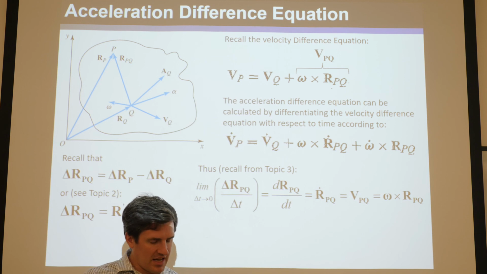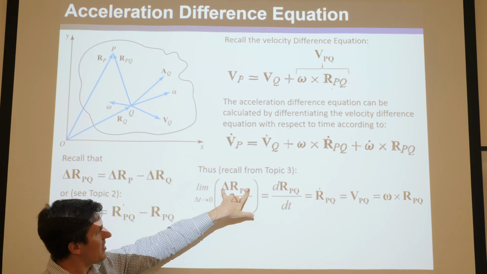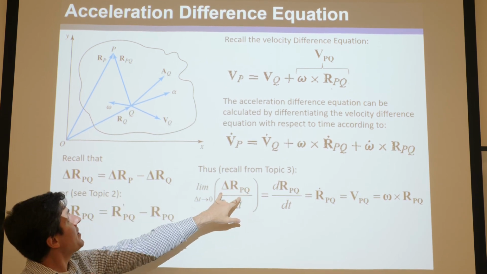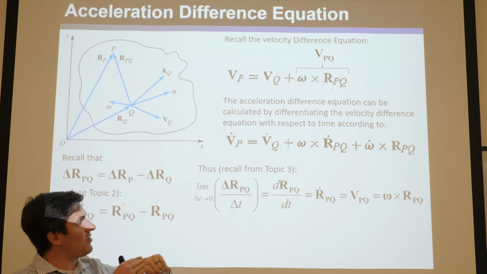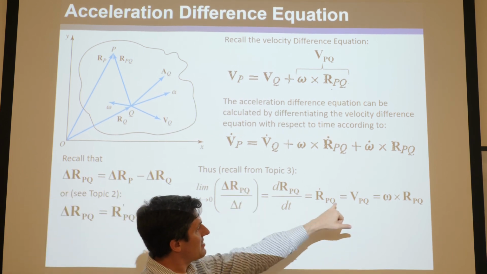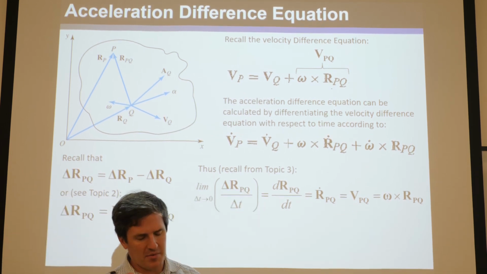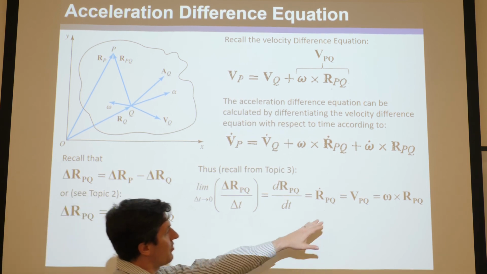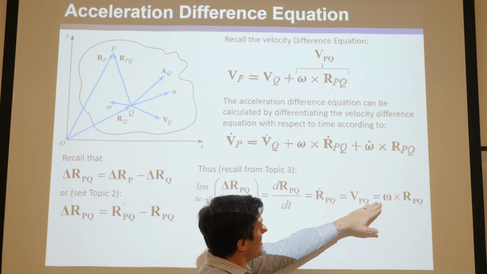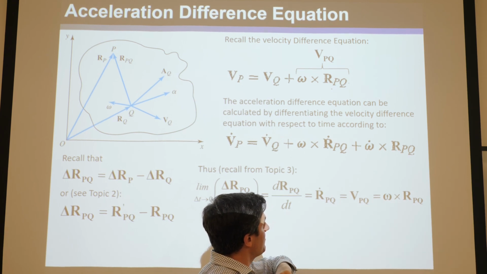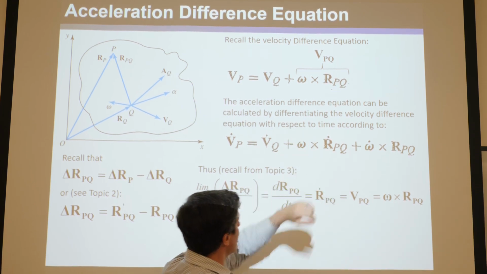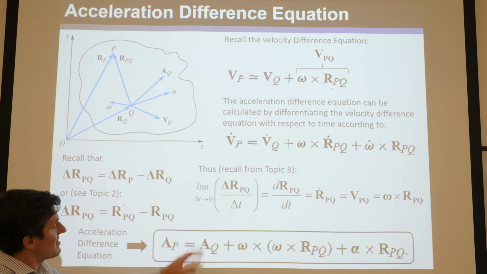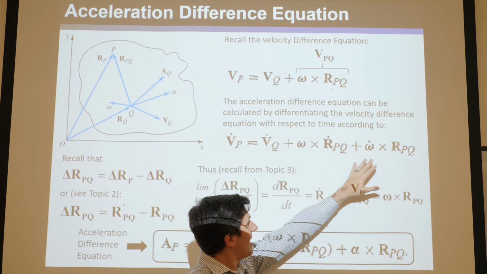If this value right here is how much P has translated caused by rotation about Q, then if you take the derivative with respect to time, that's the velocity difference vector, how much P's velocity is a linear velocity caused by the rotation about Q. And we've proved, excruciatingly, in topic 2, that it is omega cross RPQ. Okay? So basically we can take this equation here and simplify this.